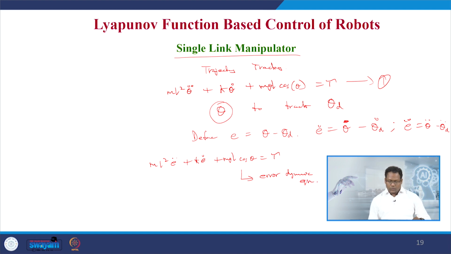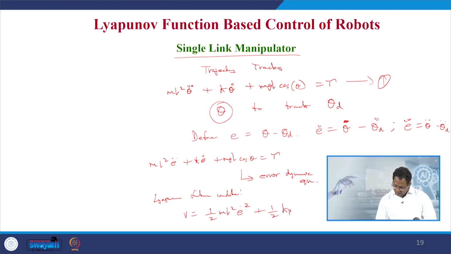Now, let us choose a Lyapunov function candidate given by V equal to 1 by 2 m L square E dot square plus 1 by 2 k p into E square.